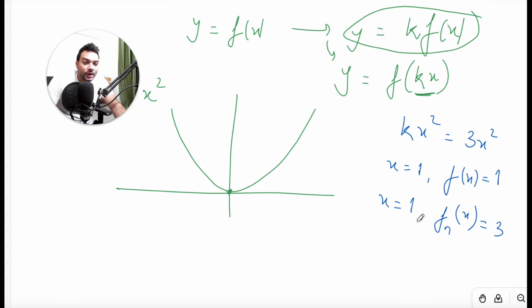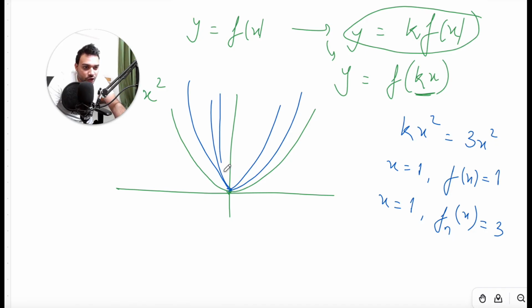Now it'll be 12. So you see a rapid scaling. The arms would shrink with the increase in the value of k. It'll keep on shrinking as you keep increasing k, and it'll come really close to the y-axis with almost vertical growth as k becomes higher and higher.